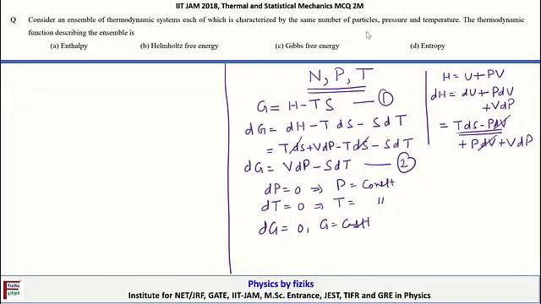Therefore for the given conditions, G is in fact also related to the number of particles in a system, and that is further related to the chemical potential.